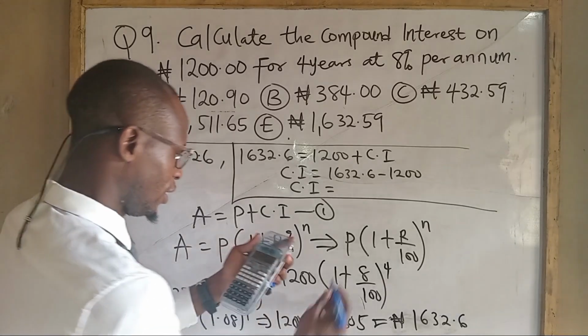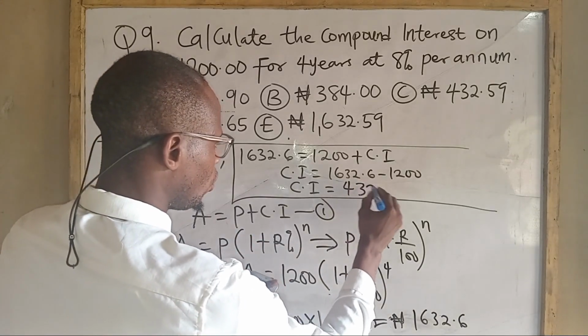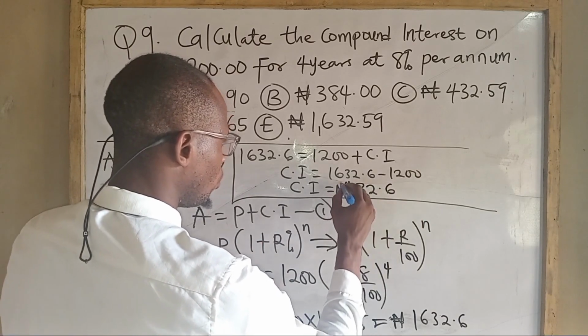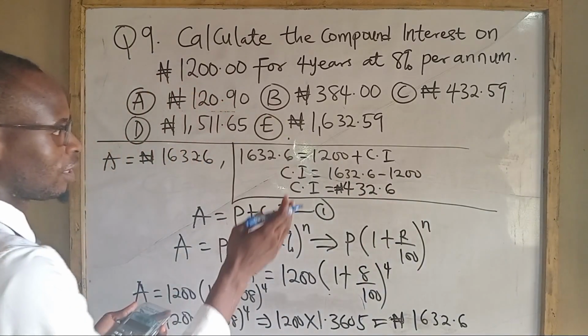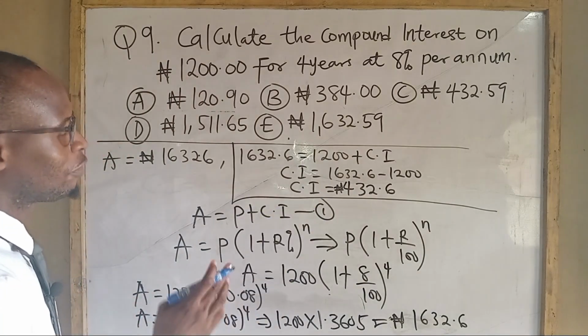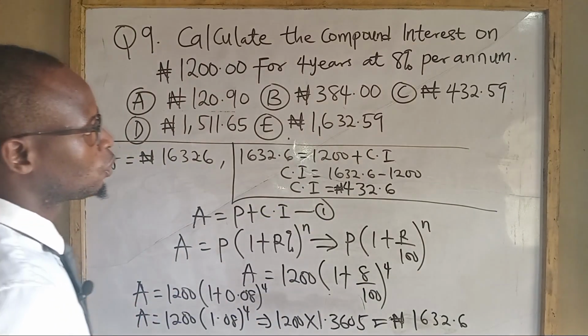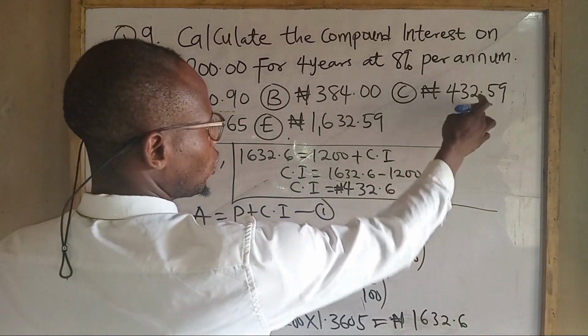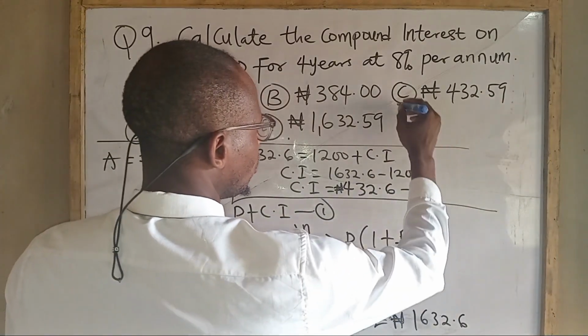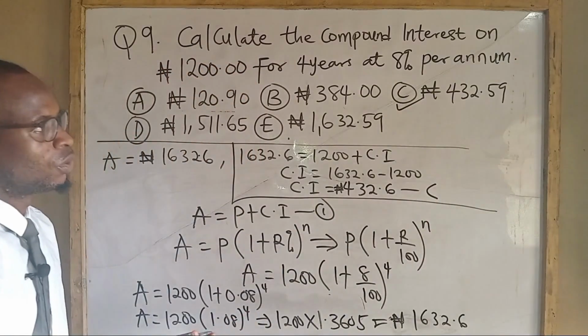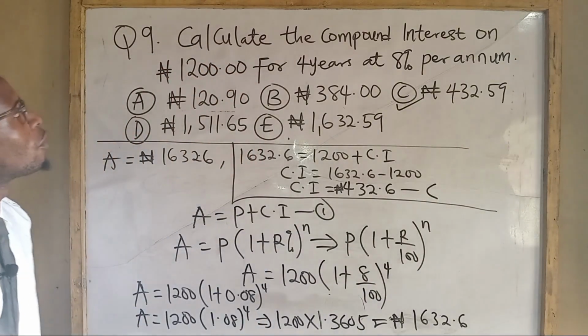So I have it as 432.6. This is going to be in naira because we have everything in naira. So we have our compound interest to be 432.6, and that's equivalent to what? Of course, option C. So that's our final answer for question 9.